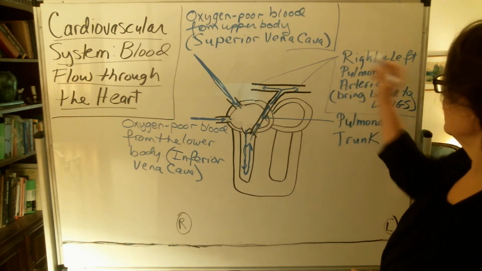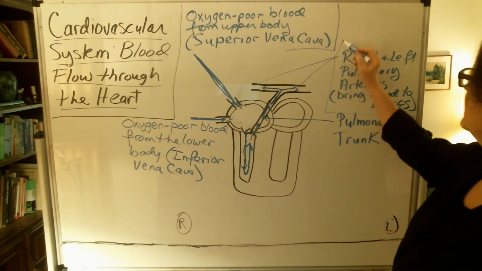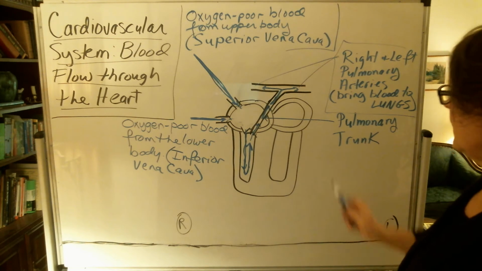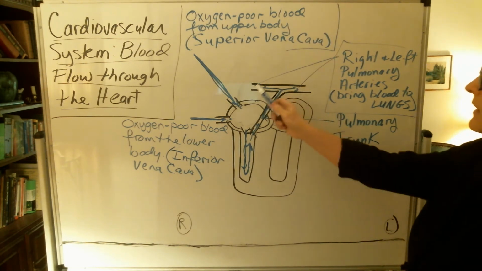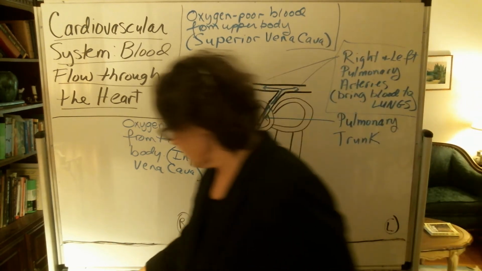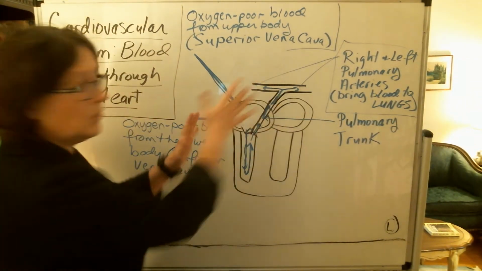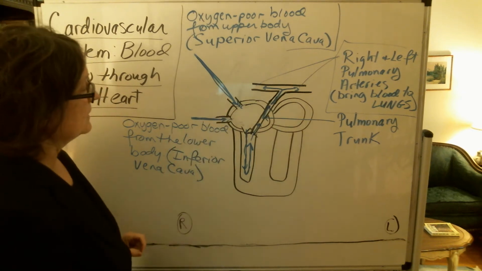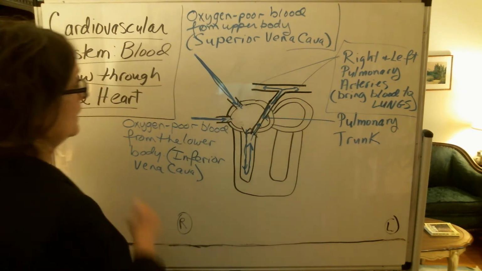So here, as I said, we have the right and left pulmonary arteries bringing blood to your lungs. So you're going to then have this blood going to the left lung, that blood going to the right lung. So keep in mind, all this blood is still oxygen poor. That's why I have it symbolized with the blue ink.